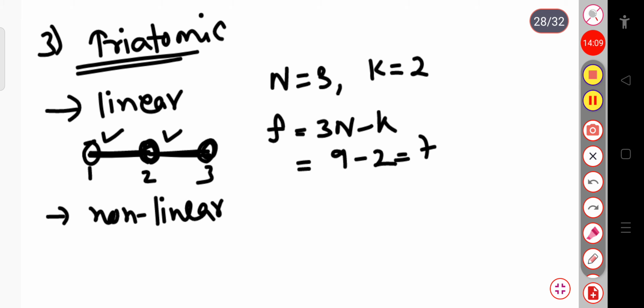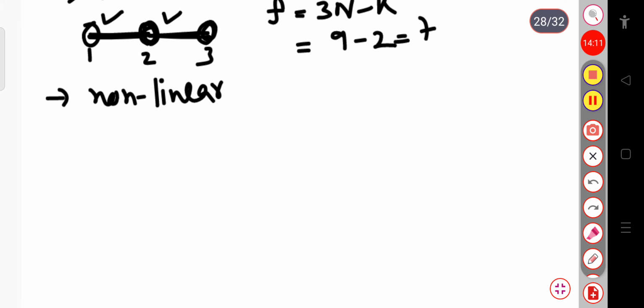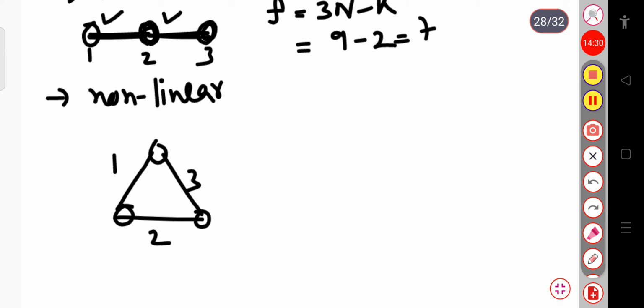But if I consider the non-linear case, now here see, this is suppose a non-linear molecule. In case of the non-linear triatomic molecule, here is the bond, here is the bond and also it can make the bond with this. So there are 1, 2, 3 constraints.